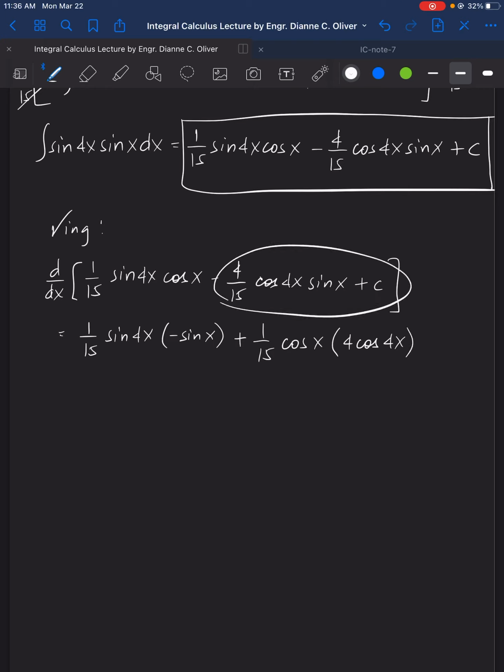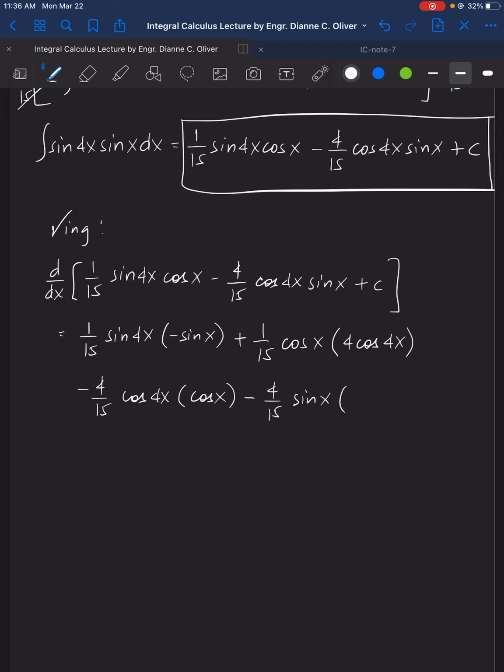Next, this portion here: negative 4/15 cosine 4x, derivative of sine x is cosine x, minus 4/15 sine x, derivative of cosine 4x is negative 4 sine 4x, plus 0, the derivative of c.